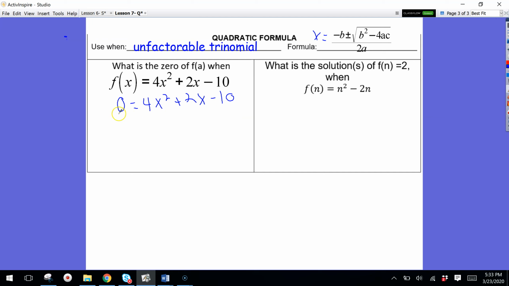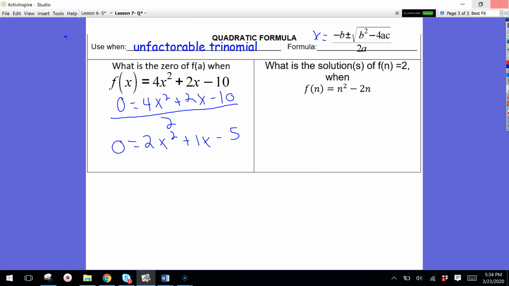But just like with factoring, I always suggest take out that greatest common factor. So here my greatest common factor is going to be 2. If I take out 2, I'm just going to make my number smaller and easier to work with. Since I'm doing it to everything, it's not really going to change the value of the equation.